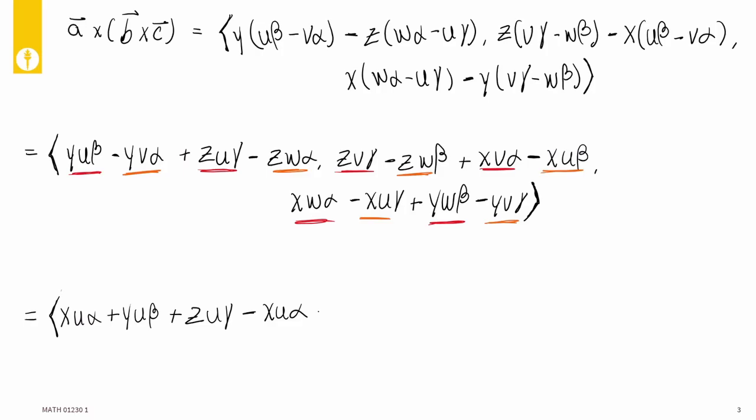Then it was minus YV alpha minus ZW alpha. In the Y component, I'm going to add YV beta.